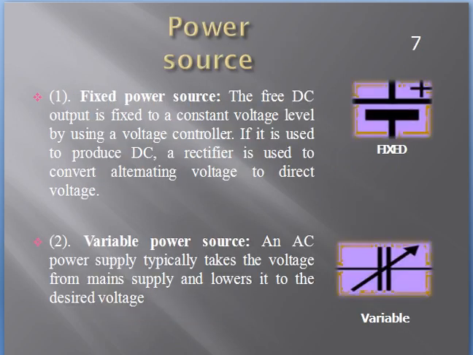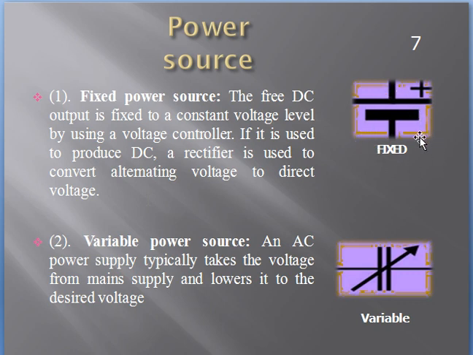Next we will discuss how to represent a power source, voltage source, and current source. Fixed power source: the DC output is fixed to a constant voltage level by using a voltage controller. If it is used to produce DC, a rectifier is used to convert alternating voltage to direct voltage.